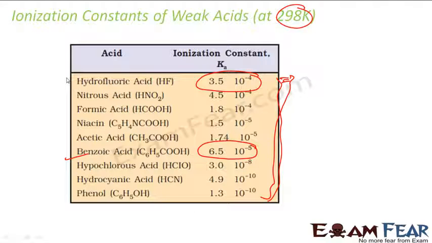You can say that hydrofluoric acid is a stronger acid as compared to benzoic acid. You compare these two acids: hydrofluoric acid is stronger because it has a greater value of Ka, which means it dissociates more as compared to benzoic acid. So with the value of Ka at a given temperature, we can tell which acid is stronger and which is weaker.